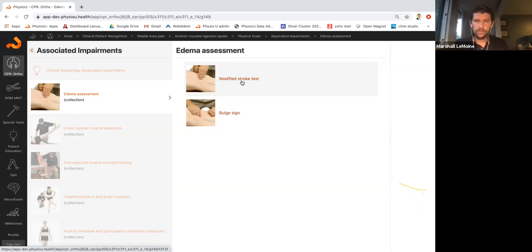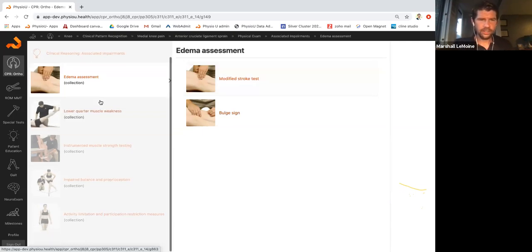However, when you go home and you're going to redo this program on your own in 2 days, we want to make sure that you're not still more swollen than when you started. So I teach them, hey, right now you're at a 1+ on your stroke and your girth is whatever it is. I want you to take that before you do your stuff. And if it's higher than what it was right now, wait another day, right? So I teach patients to be their own guide on how hard to push it.